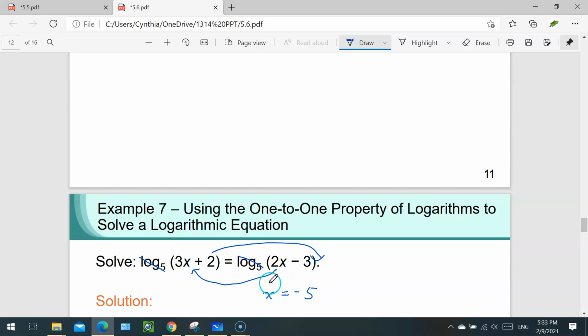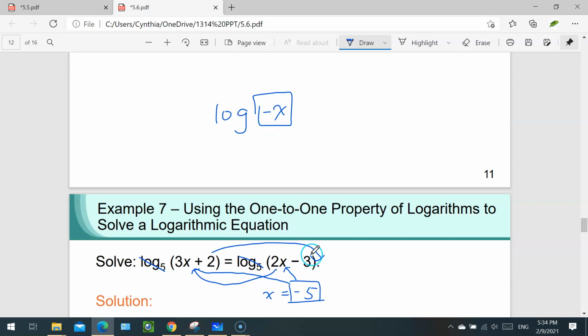Now, when you have the logarithm equation, once you solve for the unknown variable, you need to bring the number back to your logarithm expression here to see whether you will get a negative value. If the outcome turns to a negative value, then that won't be a solution because we cannot have a negative value right next to the logarithm form.